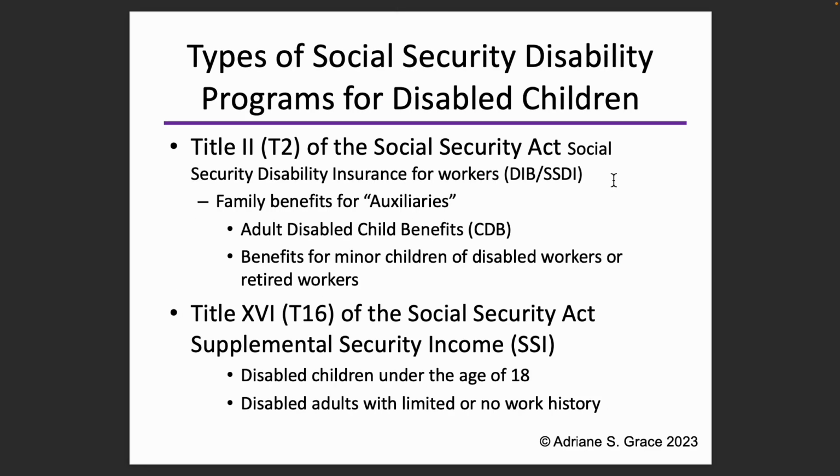First, I want everyone here to understand that there are actually two different disability programs administered by Social Security, and people use these terms interchangeably. They are not the same. The main Social Security program that most people are familiar with started in 1935 after the Great Depression.